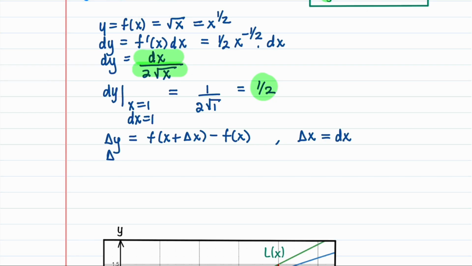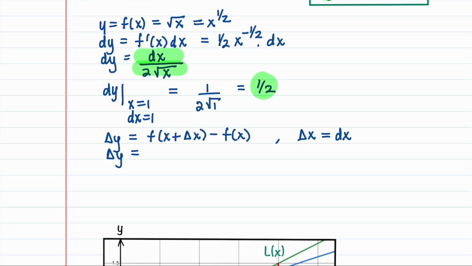So we can say that delta y is f at x plus delta x. So this is just the square root of x plus dx minus f of x, which is the square root of x. Now we're going to find delta y when x is 1 and dx is 1.